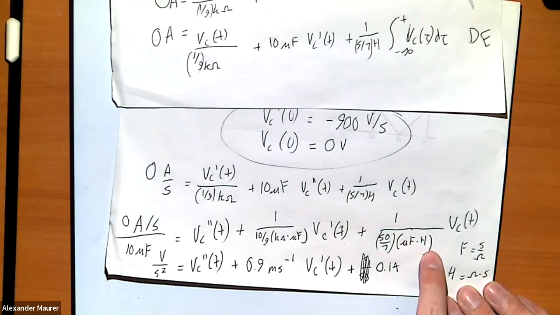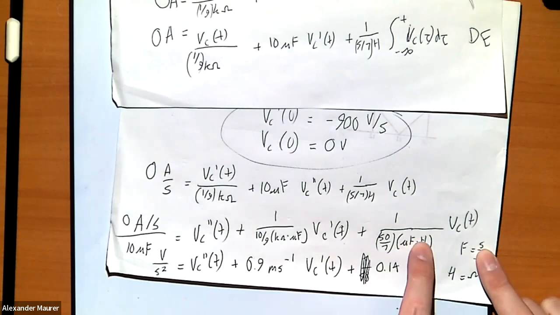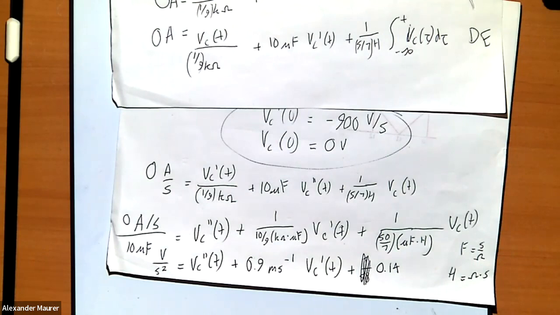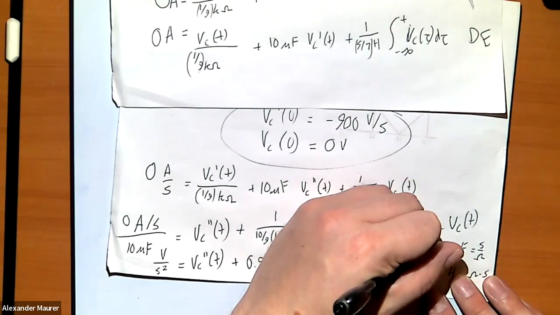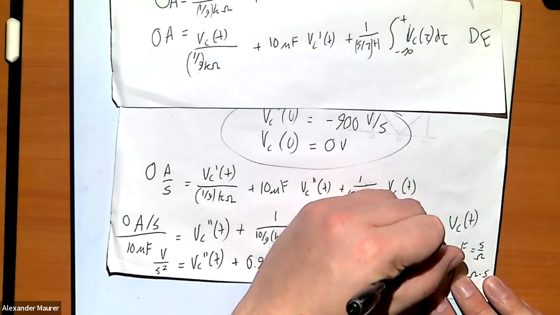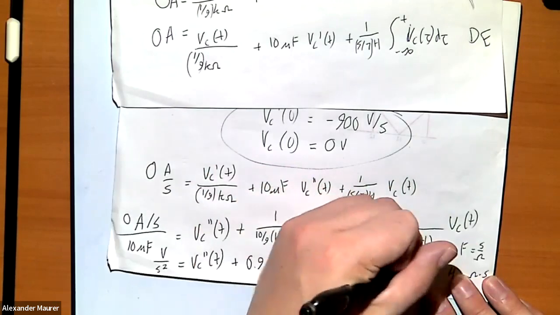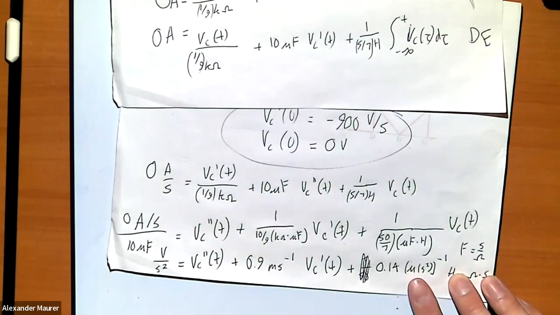So farad henries are seconds squared. So the micro is micro square seconds. Okay, so this is micro. If we write it as seconds squared to the -1, the overall is micro and we get square seconds.